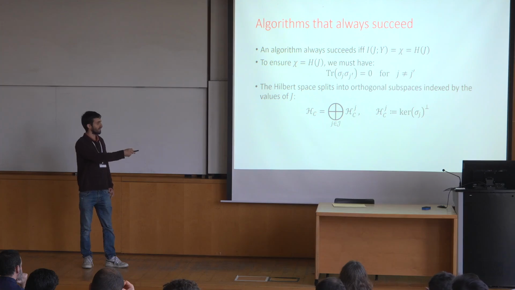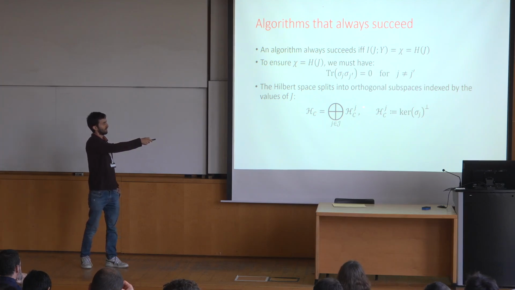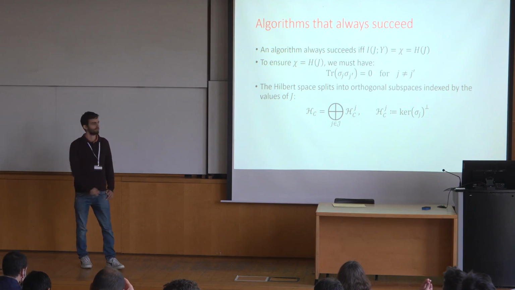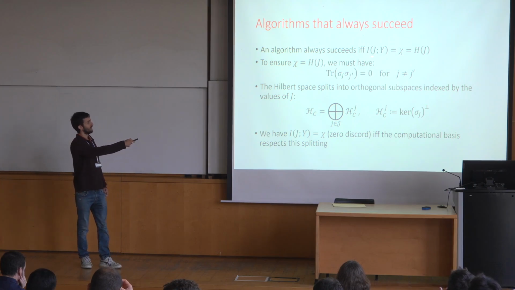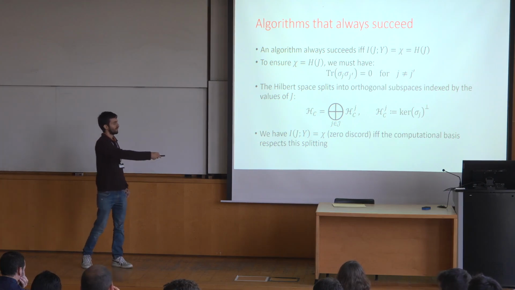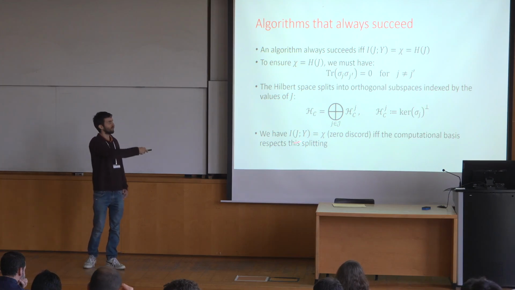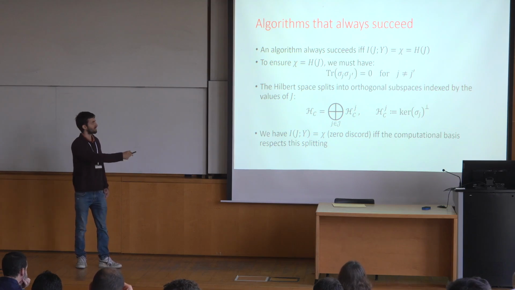And this just means that the Hilbert space splits into a direct sum of orthogonal subspaces indexed by J. And to get this first equality here, what we need is for the computational basis to respect this splitting. So that's it. That's how every algorithm that always succeeds looks like.